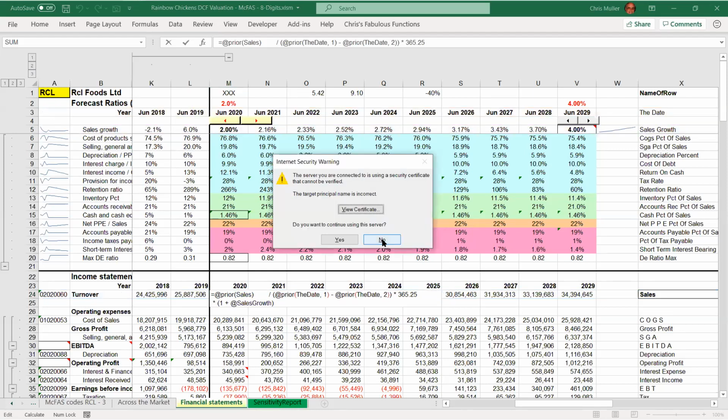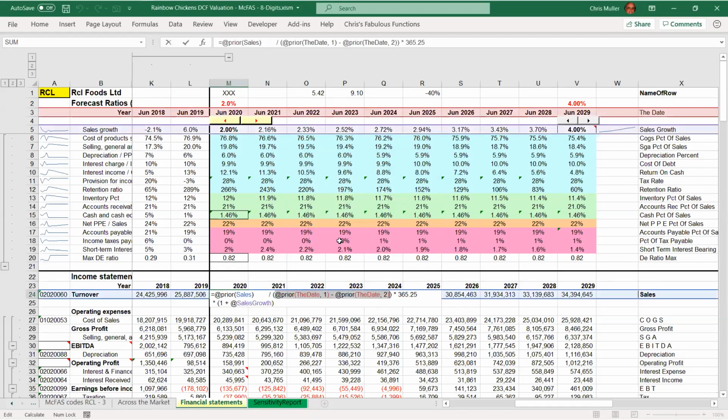I press F9 here. No, that doesn't like it. I was hoping to actually get a calculation there, but that is typically going to give me 365 days.